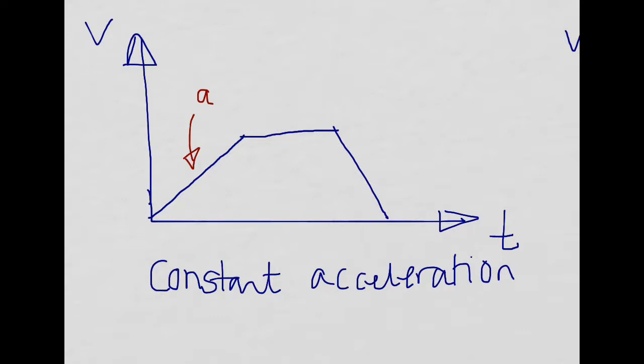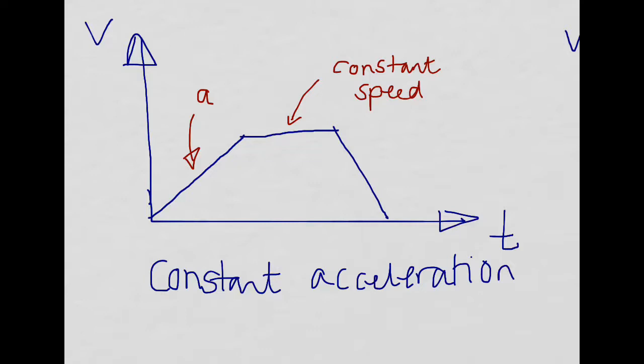At the top here, this is travelling at a constant speed or constant velocity, so there's no acceleration because the gradient there is zero. I would agree my line may be a little wobbly and perhaps even go up a little bit.